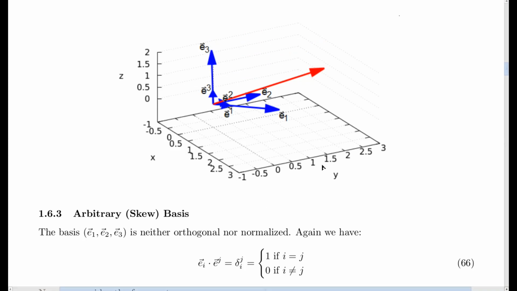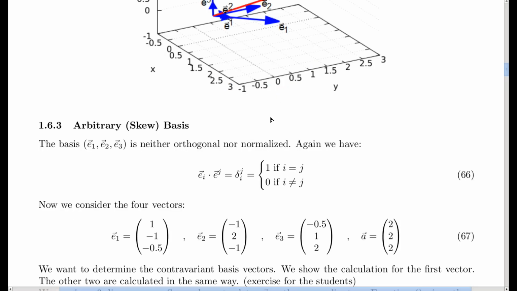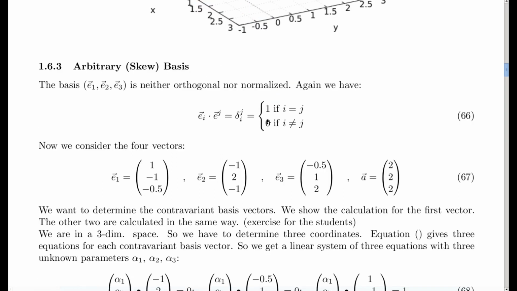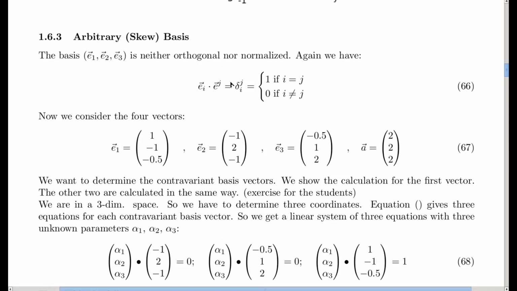Then we come to an arbitrary skew basis. That means the basis vectors E1, E2, E3 are neither orthogonal nor normalized. So we have again the definition: the product of the co- and contravariant basis vector must be the Kronecker delta.